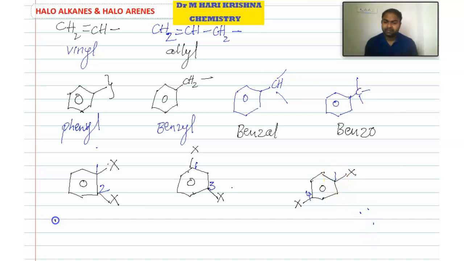So this is 1,2-dihalobenzene. This is normally the IUPAC name. But we are discussing common names. Common names means we can call it ortho.